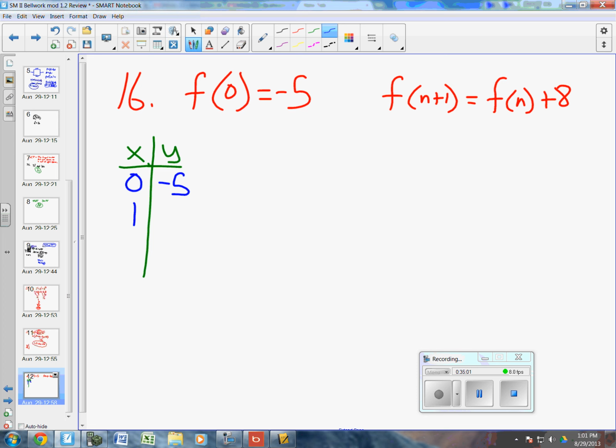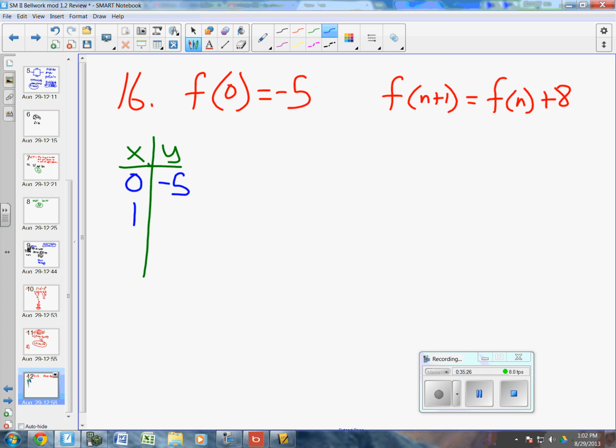To get the next term, to get term 1, I take the previous term, f of n, because n is before n plus 1, right? You know how we've been doing n over here and n minus 1 over here? It's the same thing. It's just the n plus 1 here. It's 1 more than n. So the next term, you add 8. So what's it tell me to do to get the next term? Add 8.